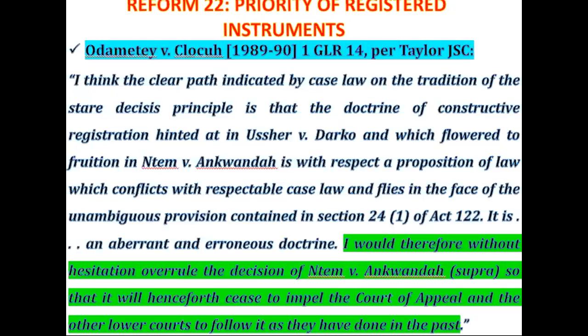And this is what Taylor JSC said in criticizing Apaloo. And I quote, and I'm quoting from Odamte and Kroku, reported in 1989-90 One Ghana Law Report at page 14, per Taylor JSC.